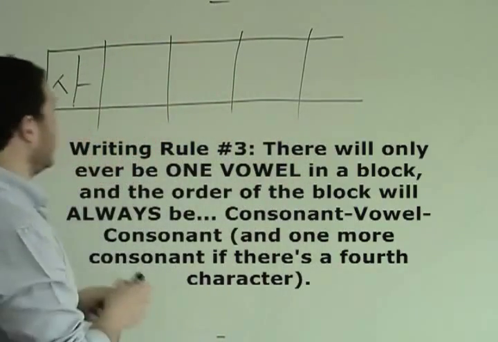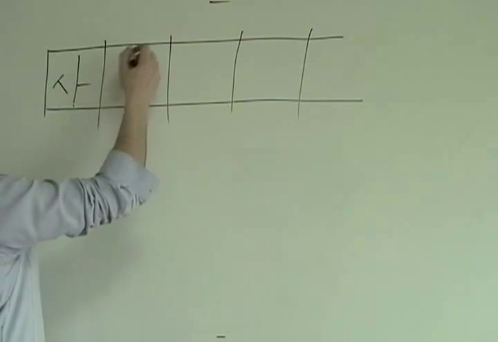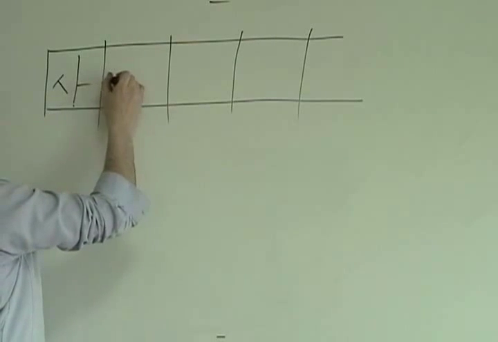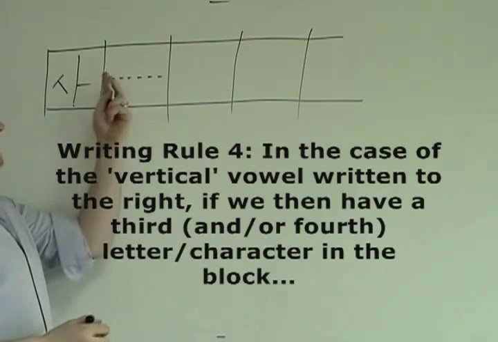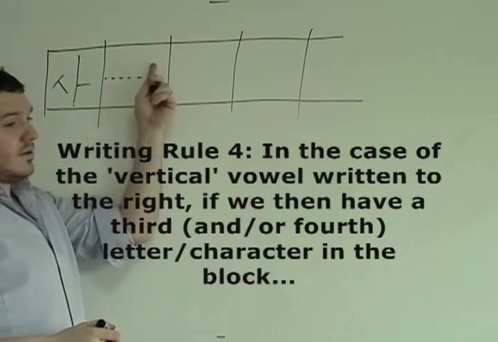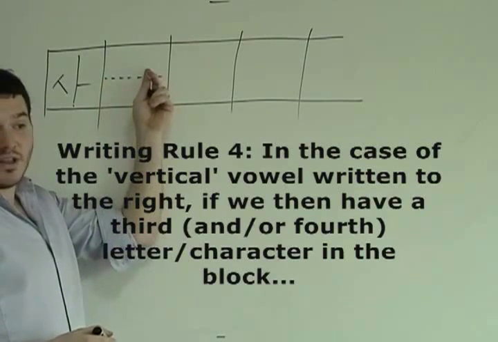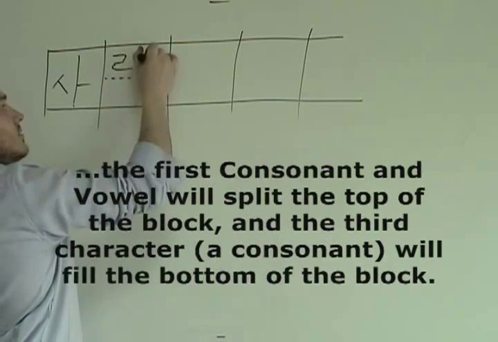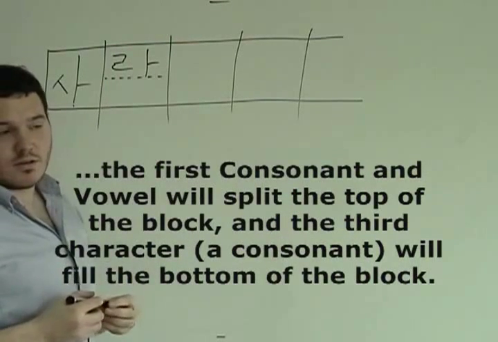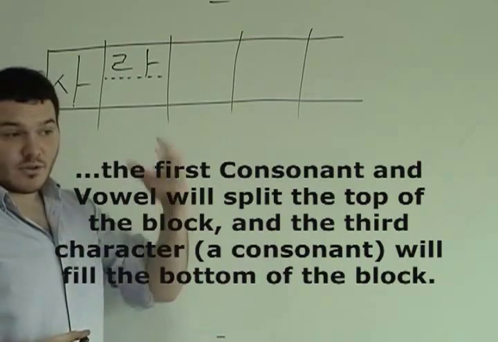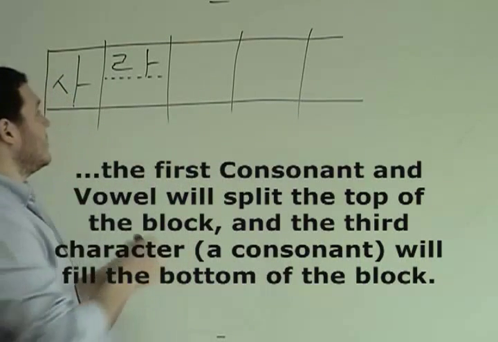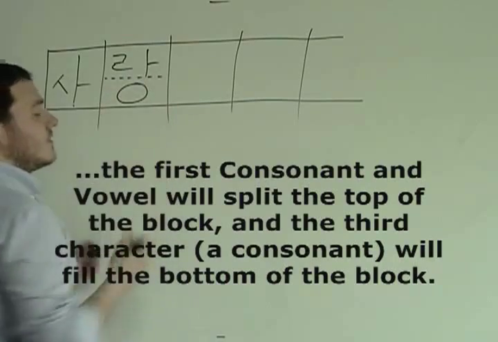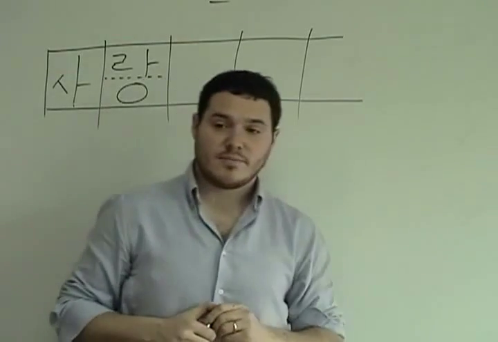So we're going to have our first consonant and our vowel on the right split the top. Okay? And then the third consonant comes underneath. Sarang. Okay?